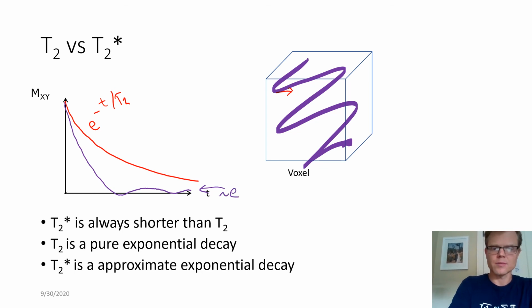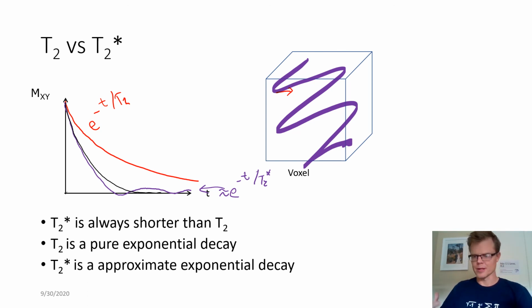So we're going to say this is approximately some exponential decay with the time constant T2 star, but it's not exactly. A pure exponential decay would look something like that. We're going to approximate it to be exponential for simplicity.